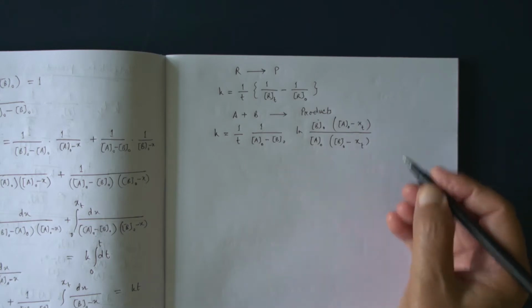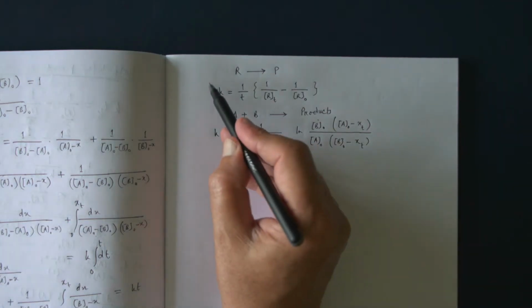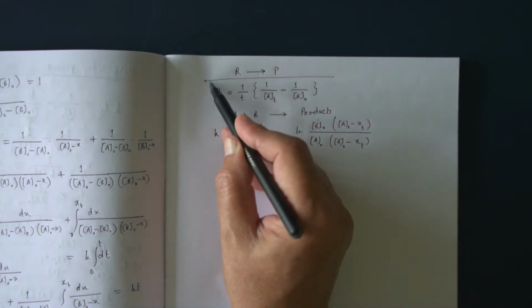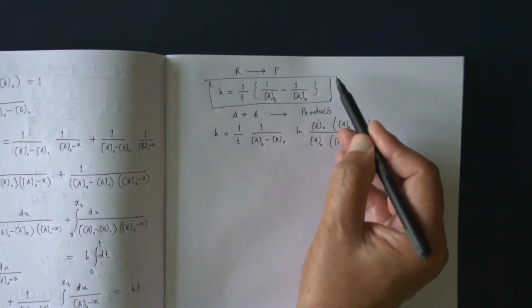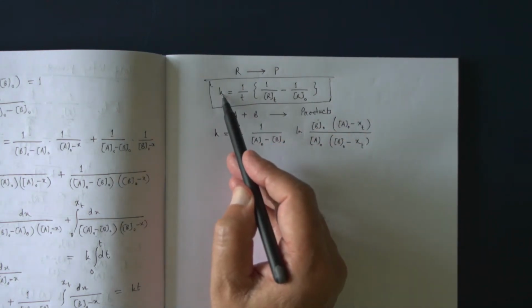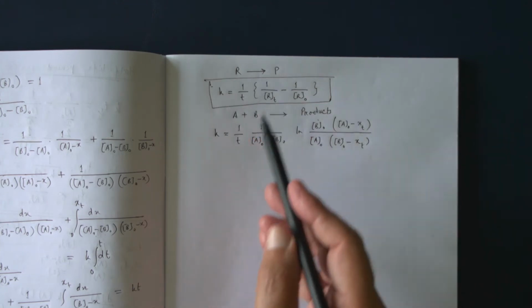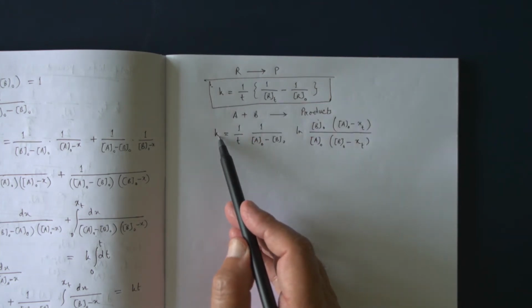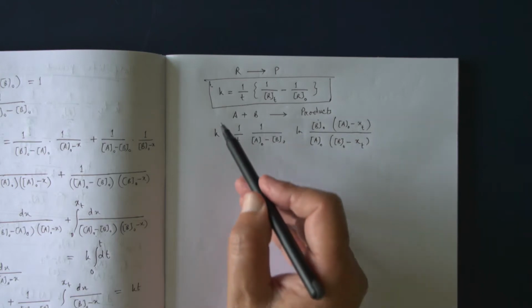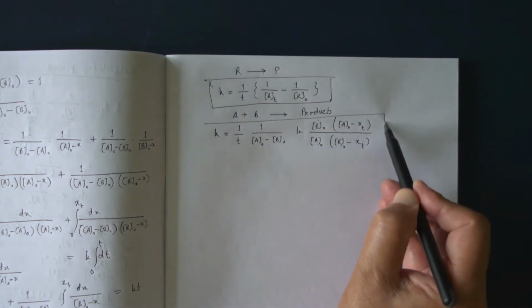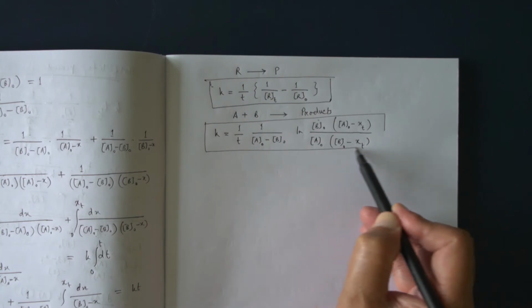Okay, so these are the two expressions we deduced last time: the rate constant of the second order reaction if the reaction is like this, and if the reaction is just like this.